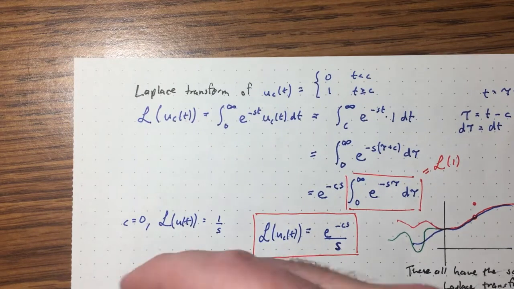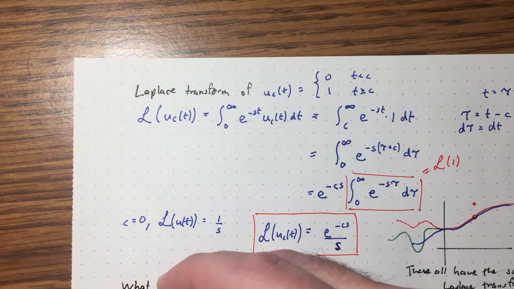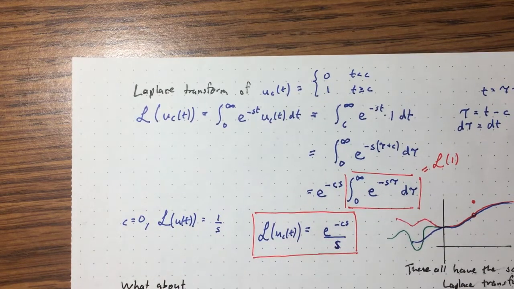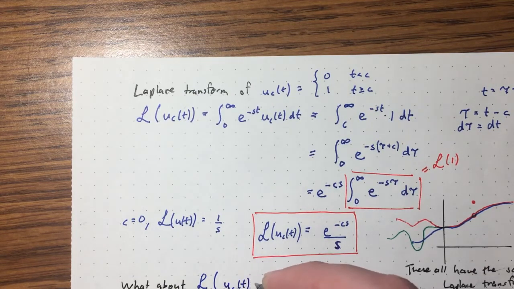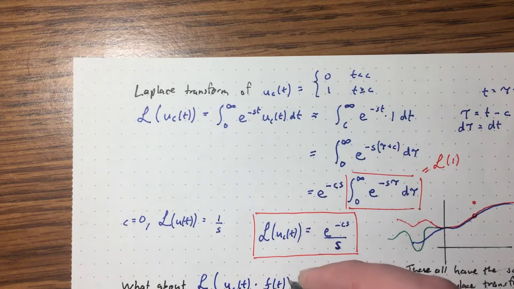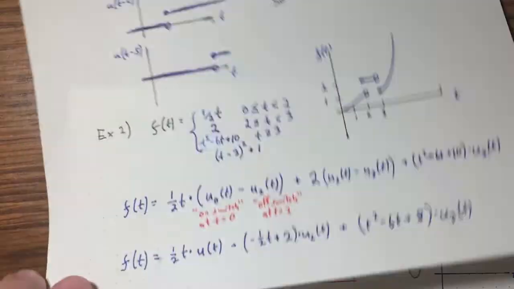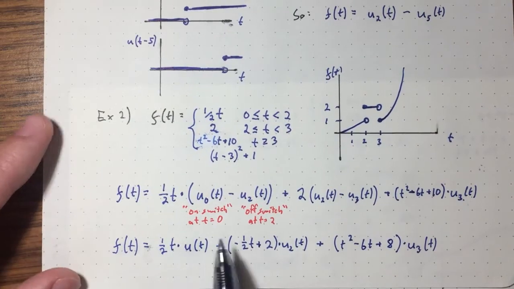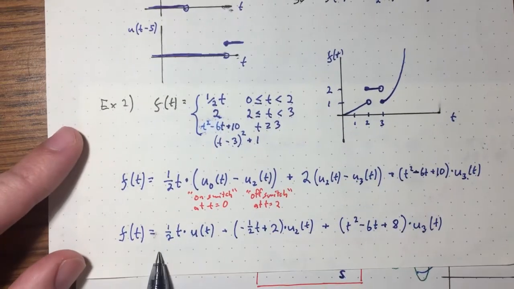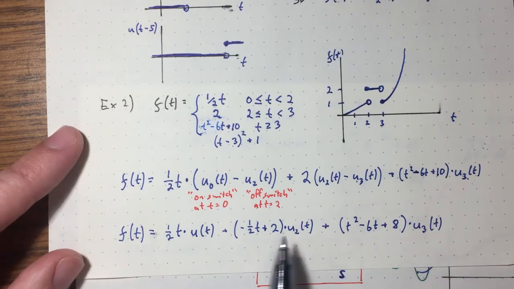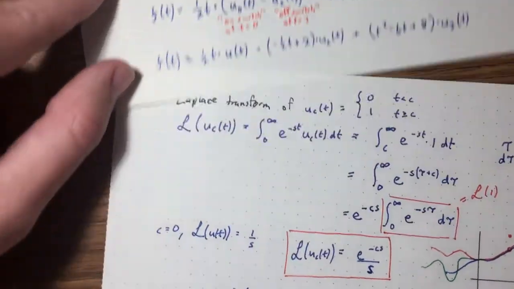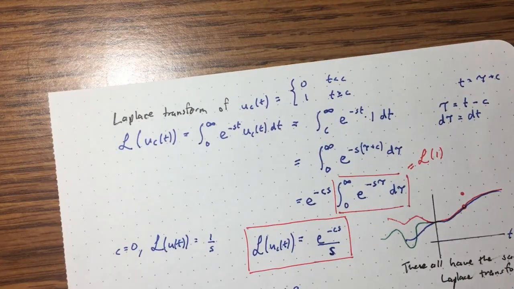Next, what about the Laplace transform of our step function uc of t times some function f of t? Because look back at our examples. This function f of t we could write in terms of the step functions, but it's, for example, u2 of t times this function, and we want to know how to take the Laplace transform of something like this. So let's see if we can get a formula for this.